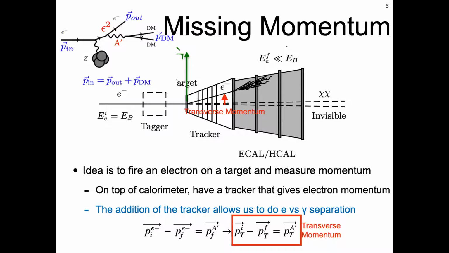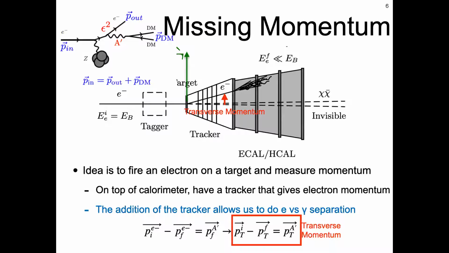So the electron will scatter and it will start having some vertical momentum in this case. And you then measure this by making a magnetic field that goes into the board here. And so you look for momentum measurement of the electron, and then of course you measure the electron energy. So now you get a full 4-vector for this electron.